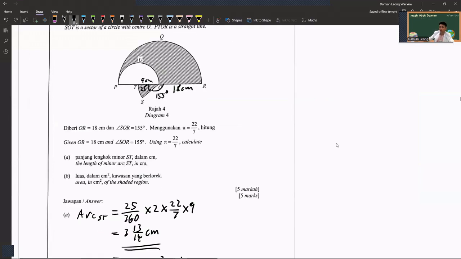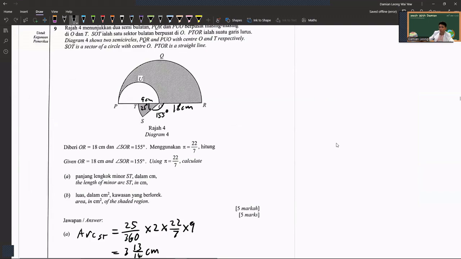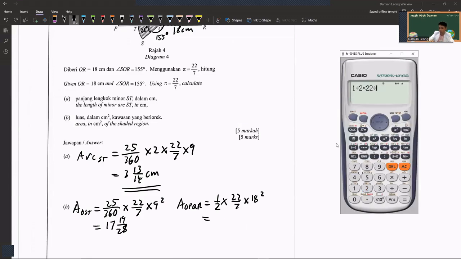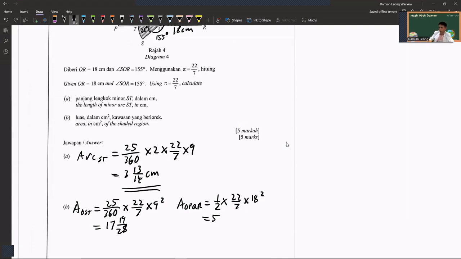Area of OPQR, half, because it's a semicircle, or you can write 180 over 360 also, it's the same thing, times pi r squared. Radius here is 18. Half times 22 over 7 times 18 squared, 509 1 over 7 cm squared.